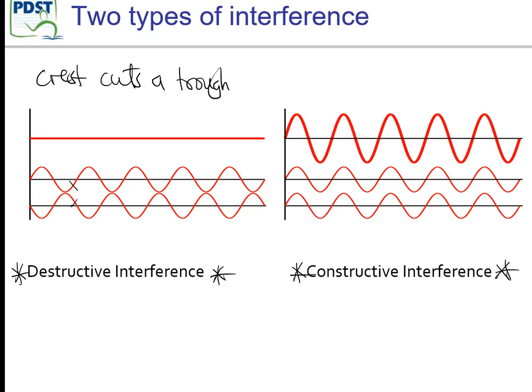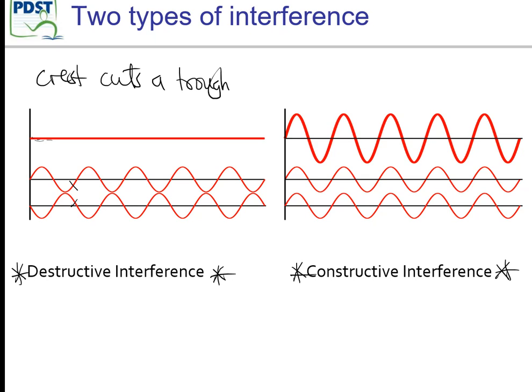When they cut each other, what happens is they cancel each other and it becomes flat, like the wave is gone. That is destructive interference because they destroy each other. Now we have constructive interference.